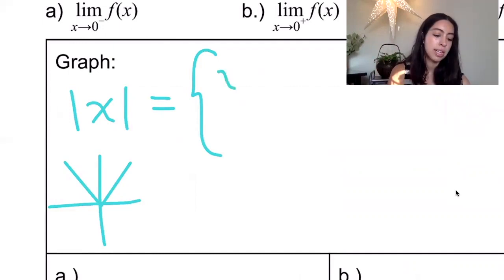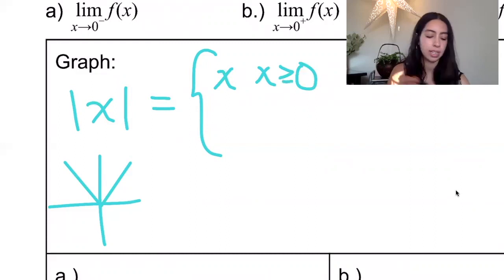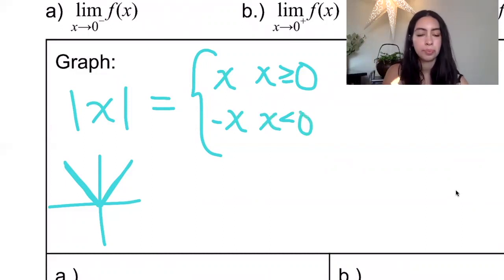The first line is x when x is greater than 0, or we can say equal to, technically. That's the right side of the absolute value function. And then it's a line on the other side, but this is the line with a negative slope. So this is negative x for all x that is less than 0.